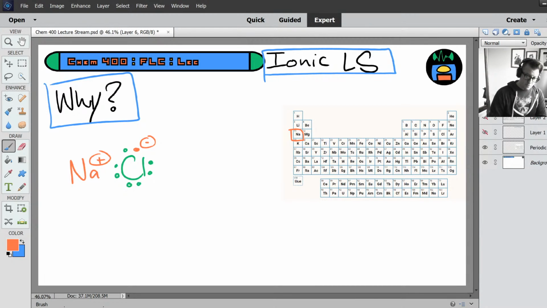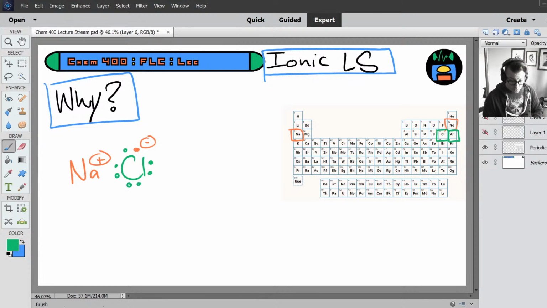Sodium wants to lose one electron so it can have the same electron configuration as neon, its nearest noble gas. Chlorine wants to gain an electron so it can have the same electron configuration as argon. So that's the reason why sodium loses and chlorine gains.